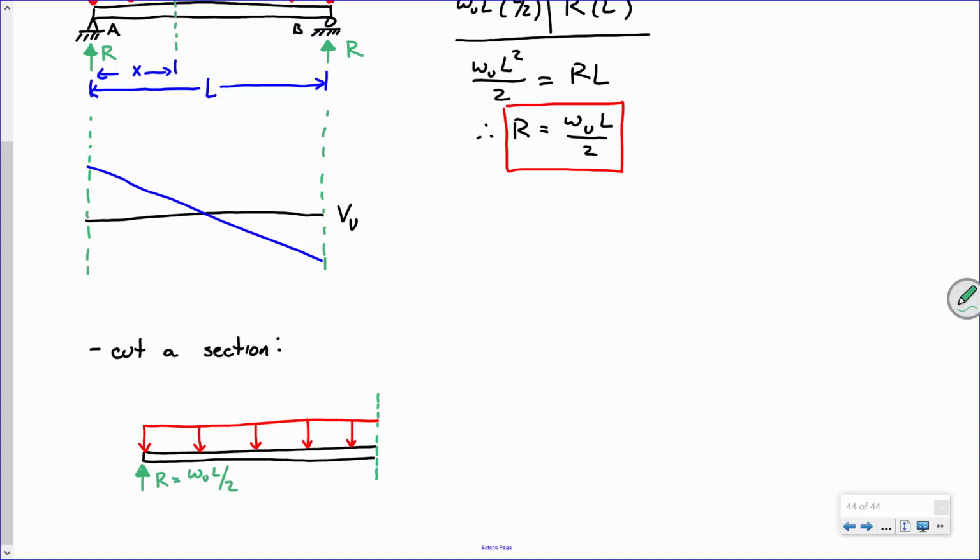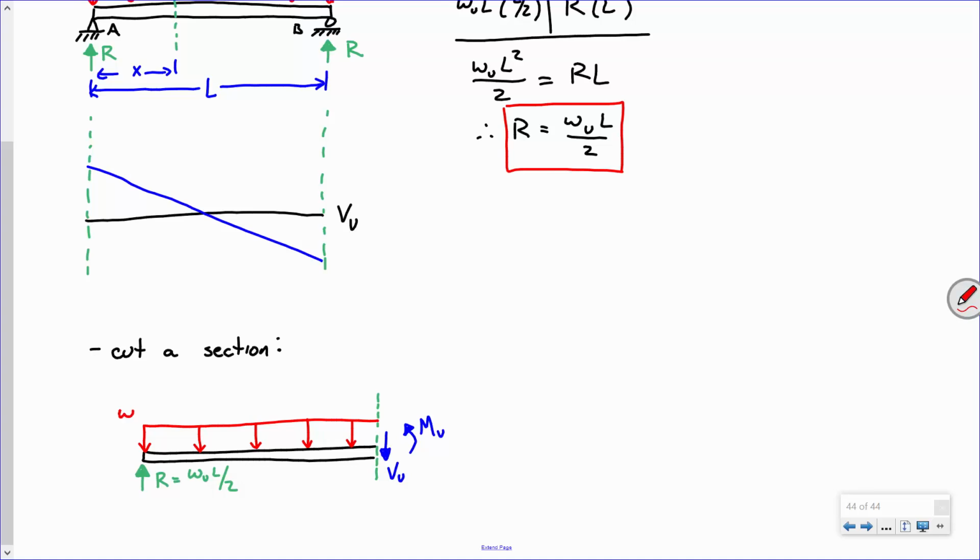And remember, inside the beam, I have some unknown shear and some unknown moment. I don't know what they are. To be consistent with our notation, we'll call that M_U and call this V_U.